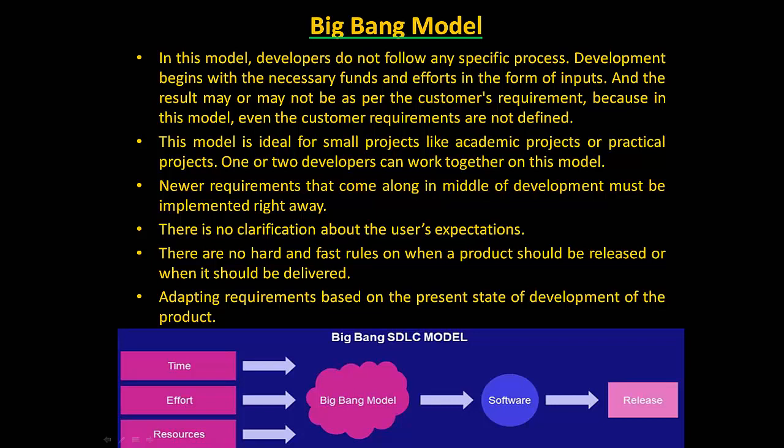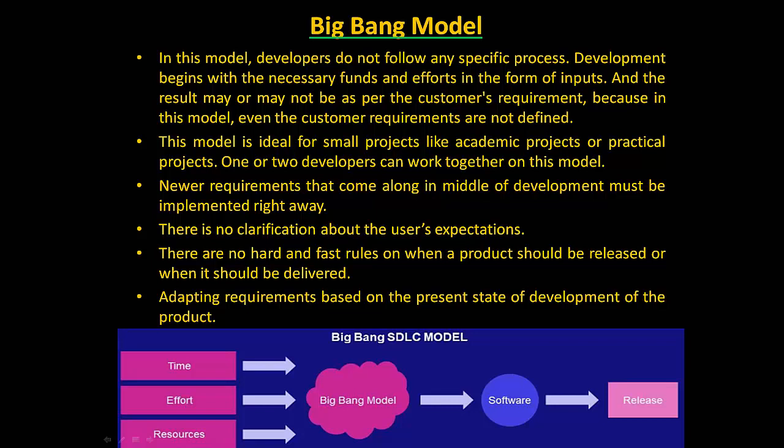Newer requirements that come in the middle of development must be implemented right away. There is no clarification about the user expectations. The user cannot expect more than that, because it is a small project and a low budget model.